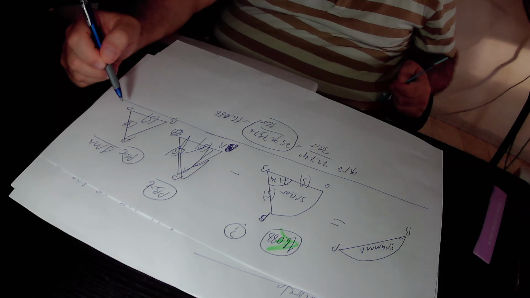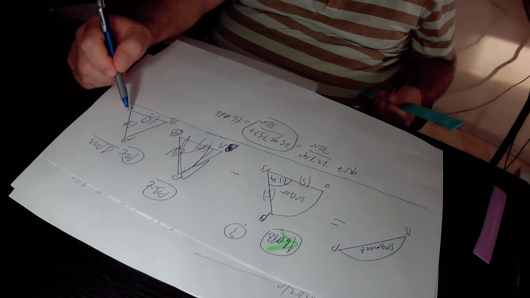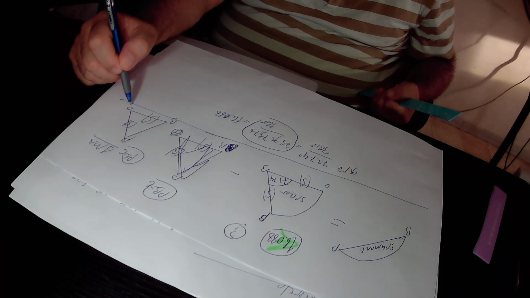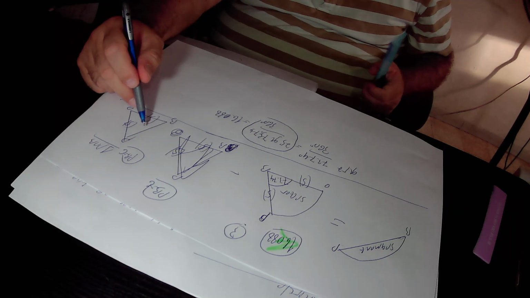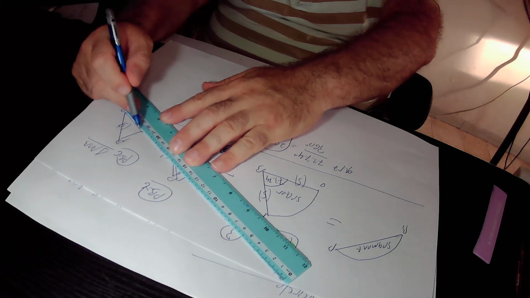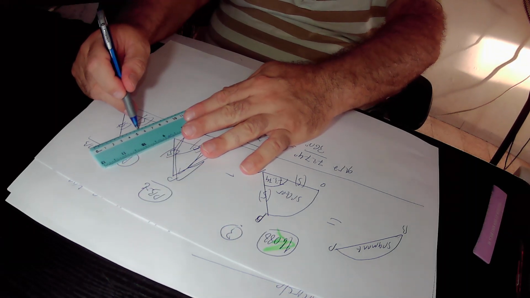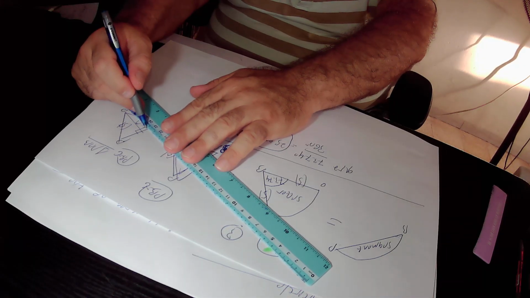In order to find the area of this isosceles triangle POB, from the vertex O we draw a perpendicular to the base PB. So this angle equals 90 degrees, and this angle also equals 90 degrees according to our construction.